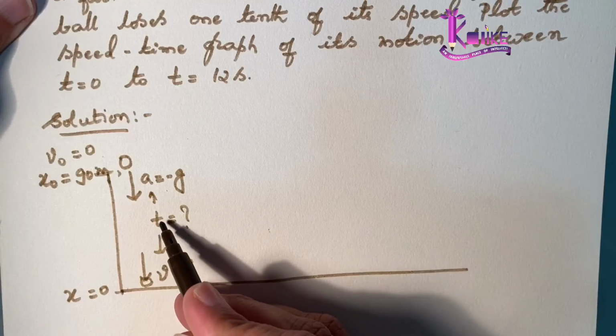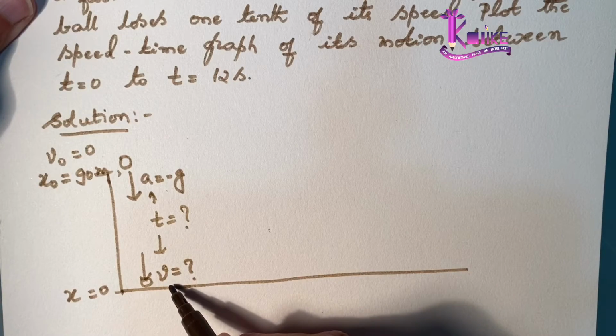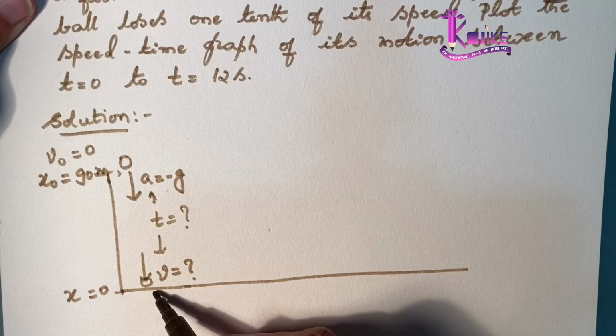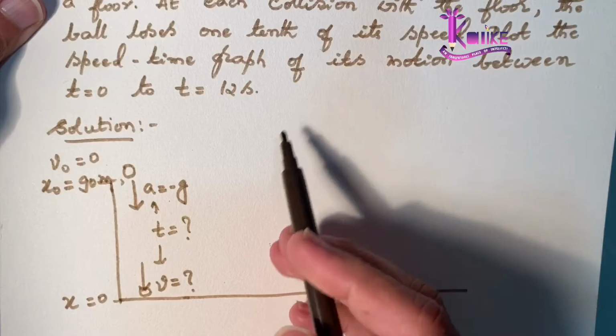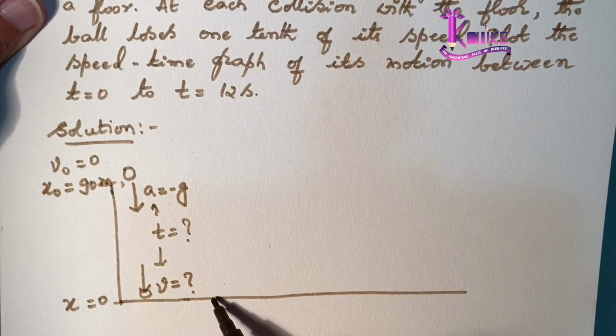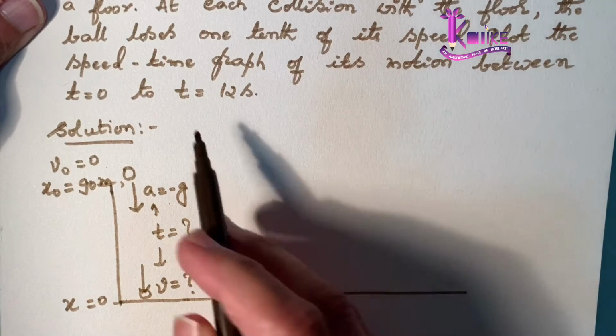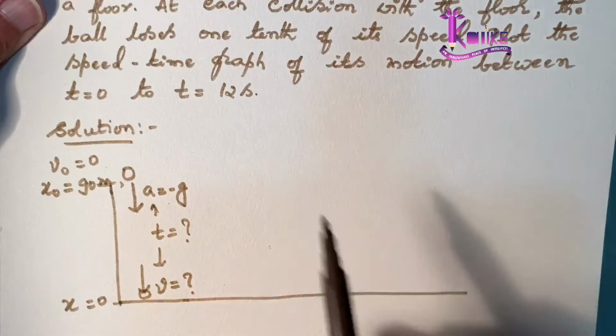So there are two unknown quantities, the time it takes and the velocity the ball reaches just before hitting the ground. But you have another piece of information which says that every time the ball hits the floor and rebounds back, it loses 1/10 of its speed.